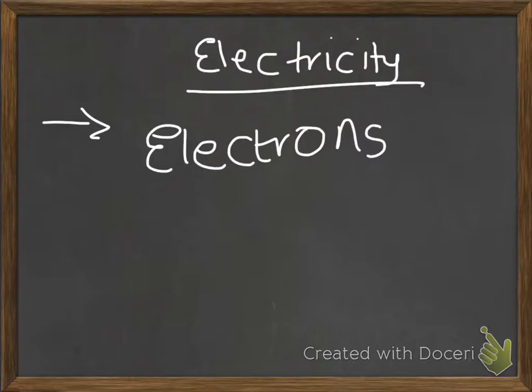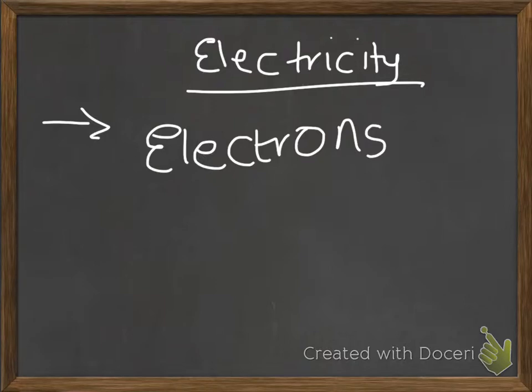Basically, the world is made of matter. Atoms contain electrons that are always moving in their respective orbits. So how is electricity created?